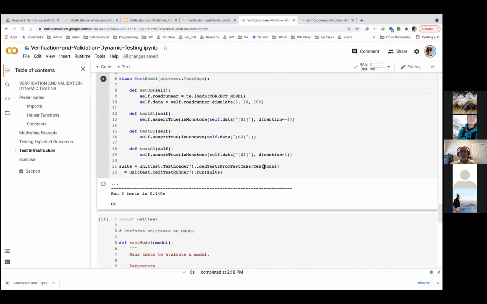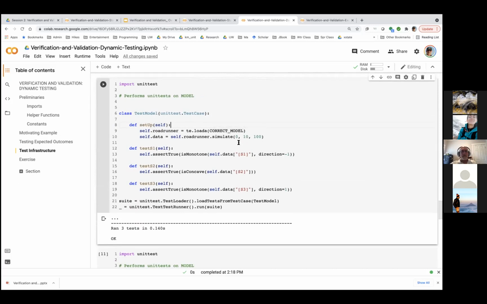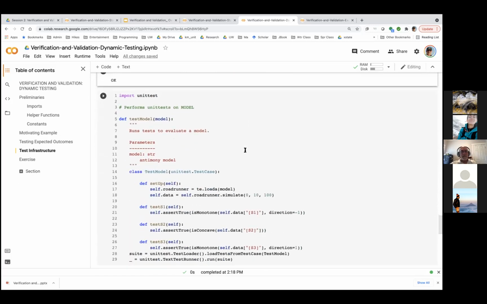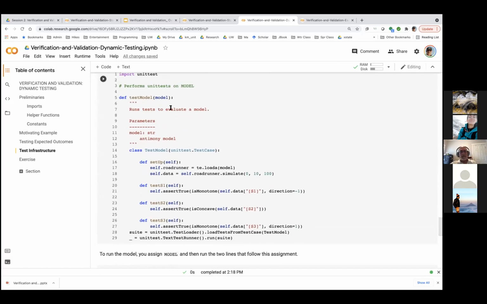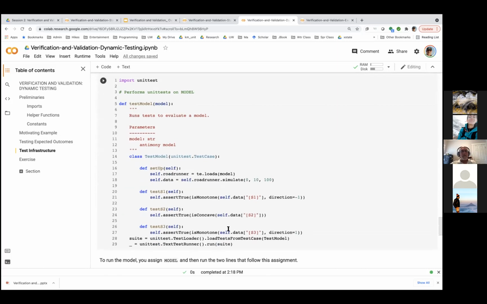And as I was looking at these different models, I had to modify part of this, and that's a little bit inconvenient. Another thing that you can do is encapsulate all of this. So basically this entire thing here, encapsulate all that in a function. And so I created a function over here called test model. It has the argument model, which is the antimony string of the model.